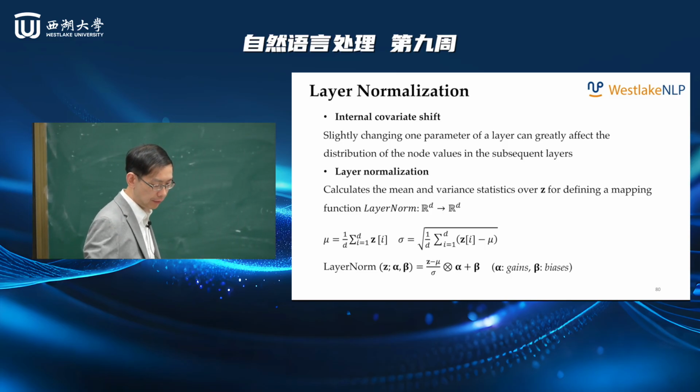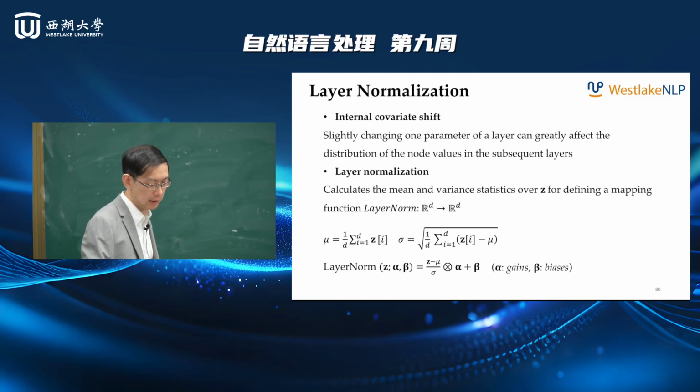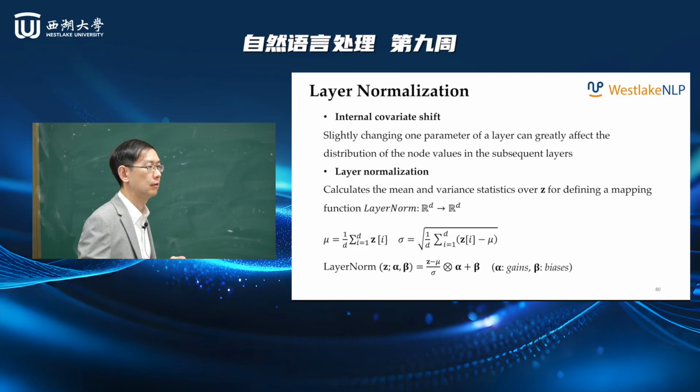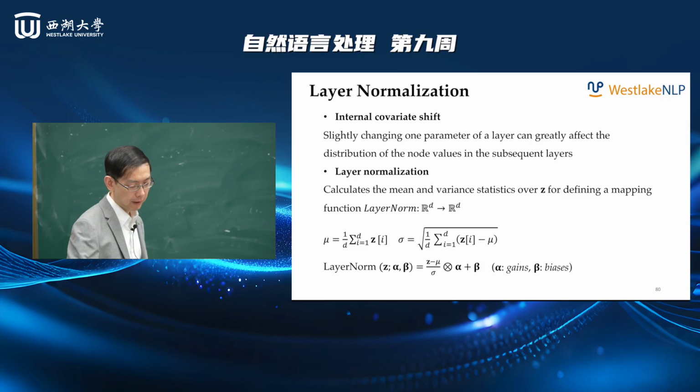So without further ado, you can just see the equation. This mu is the mean. This sigma is the standard deviation. Every vector is z. If you use z minus mu divided by sigma, you have a normalized version. I don't have to explain that. But why do I introduce this alpha and beta?